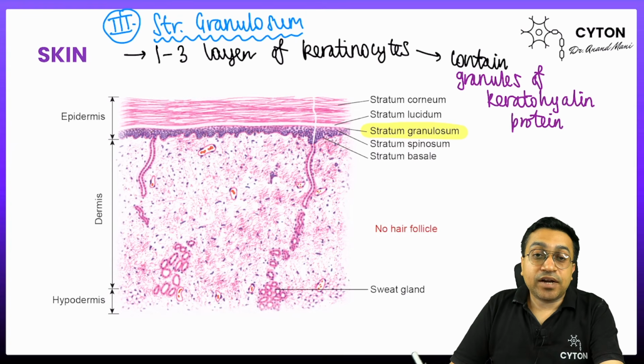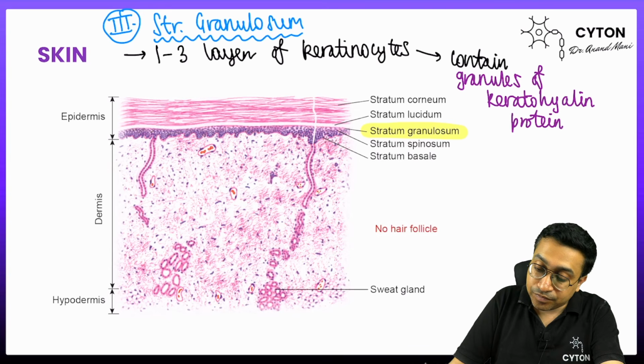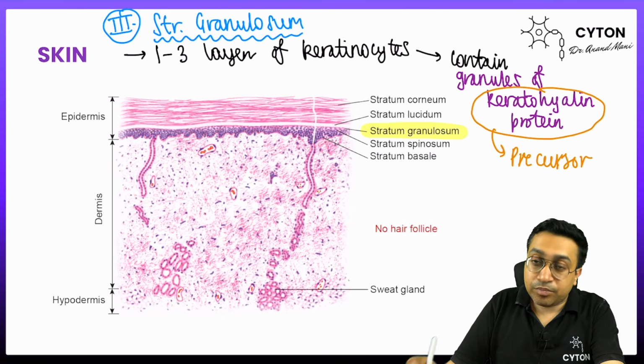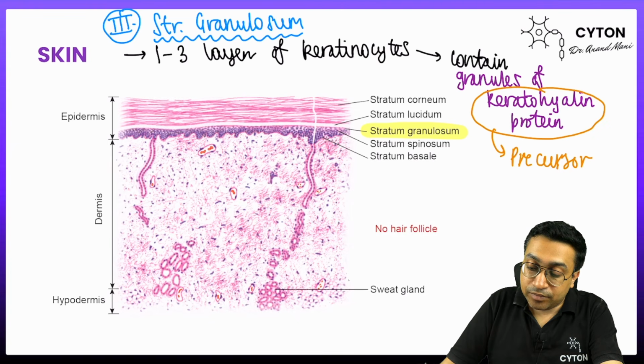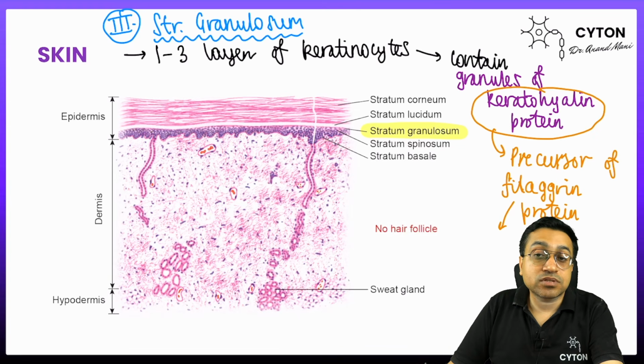Keratohyaline is nothing but a precursor. This keratohyaline protein is a precursor of filaggrin protein. This sometimes comes as an MCQ, so just be aware of this. This filaggrin protein actually is the one which forms aggregations.